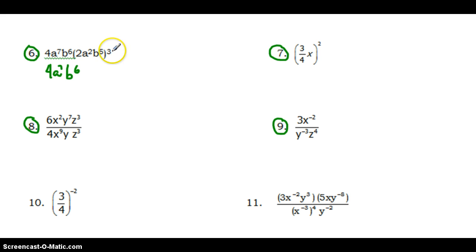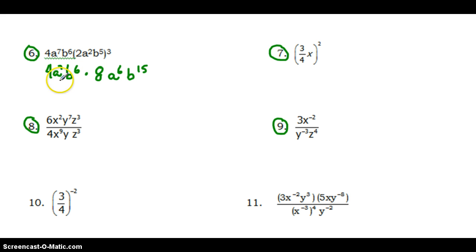So we have 2 to the third power, which would be 8. And then a squared to the third power would mean 2 times 3, which would be a to the 6th. And then b to the 5th power to the third power would be 5 times 3, which is 15. So that would be the first step.